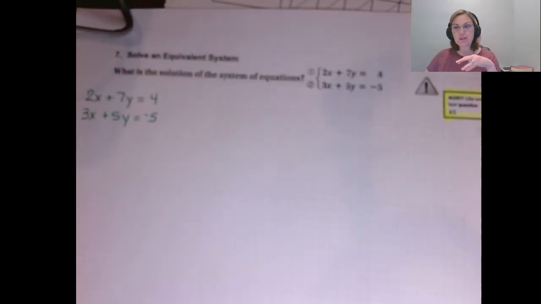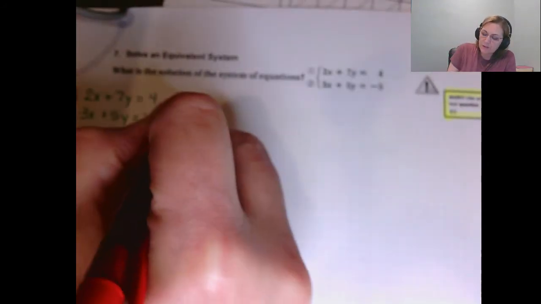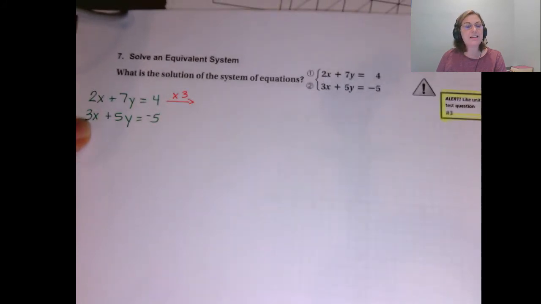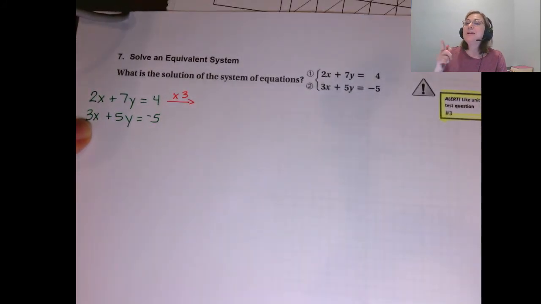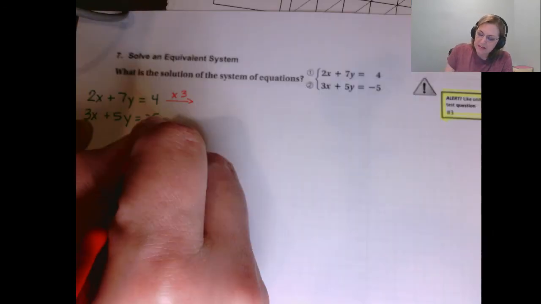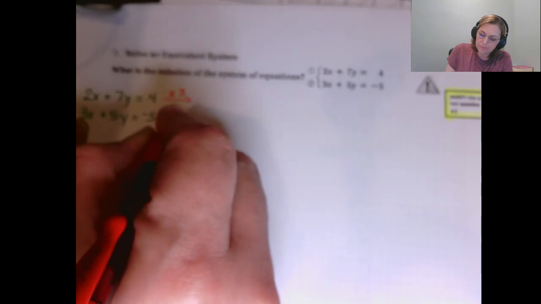So with 2 and 3, it's pretty easy that I could see where I could get 6 in front of there. Well, the way I'm going to get 6 in front is to multiply this first equation by 3. And I need to do something similar to get the second equation. I need a 6 here, but I need it to be negative 6. So I'm going to have to multiply, in this case, by negative 2.